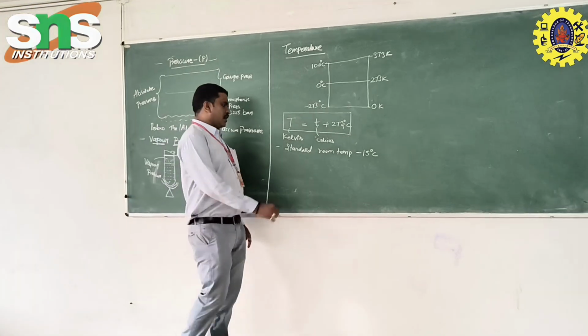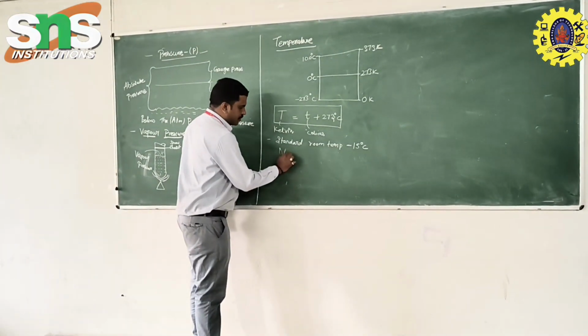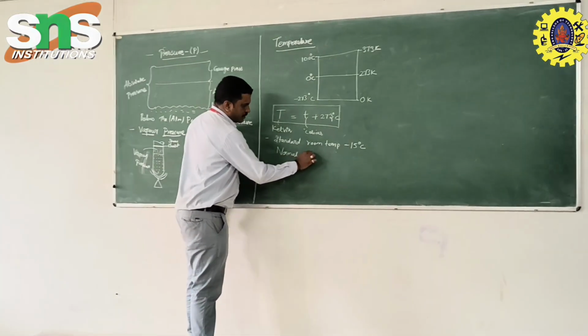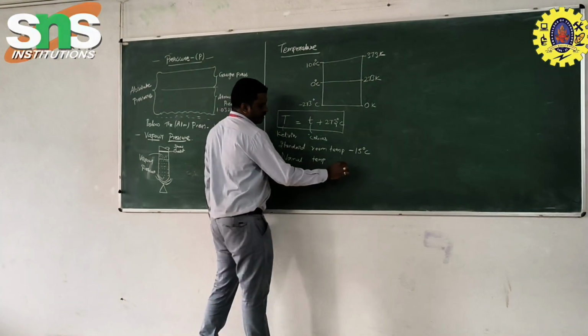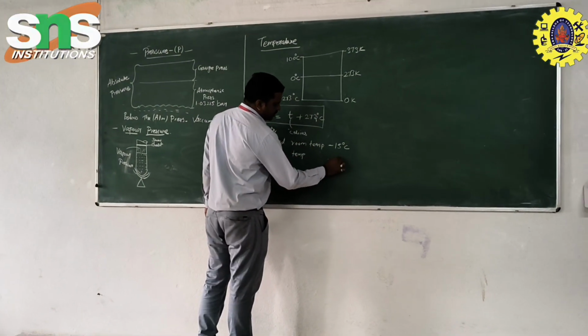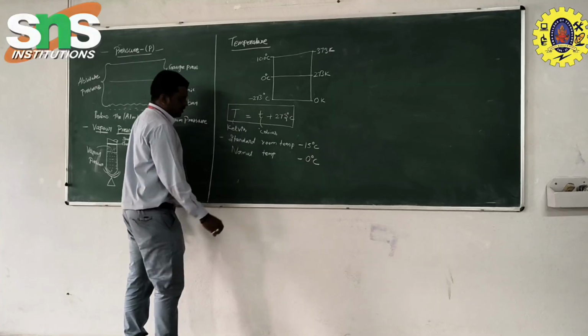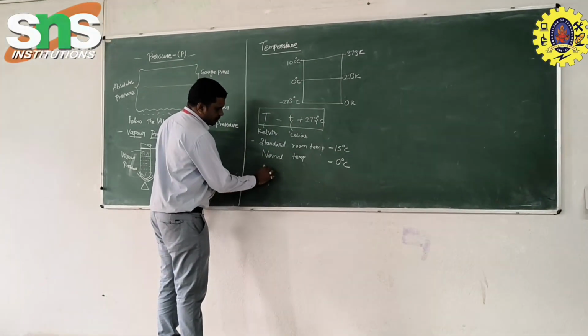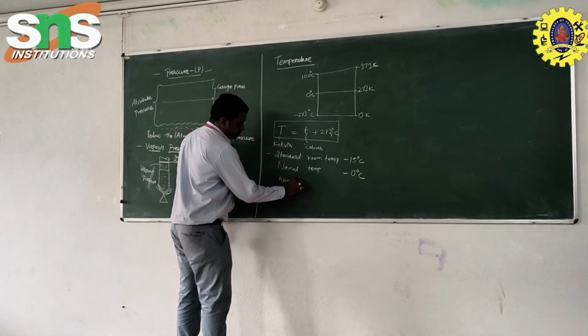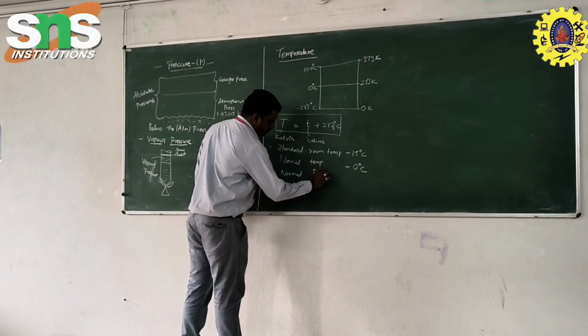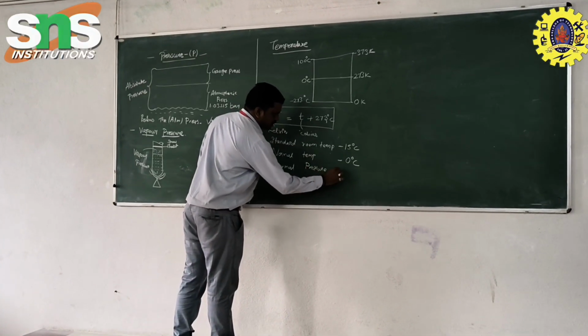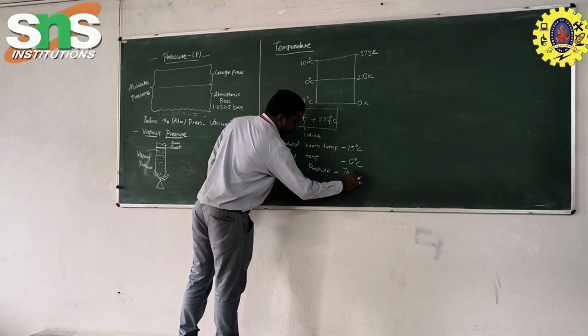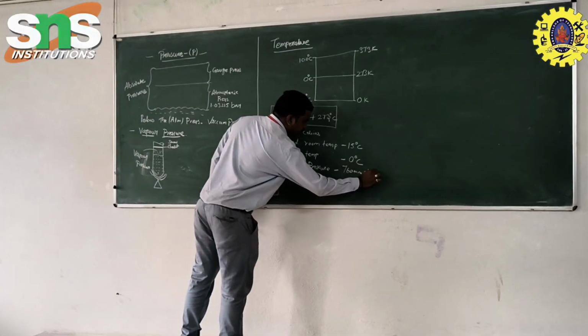And the normal temperature is considered as 0 degrees Celsius, and the normal pressure can be considered as 760 mm of Hg.